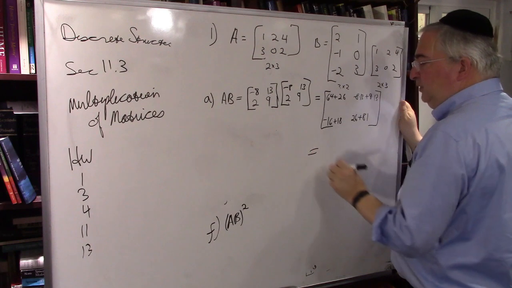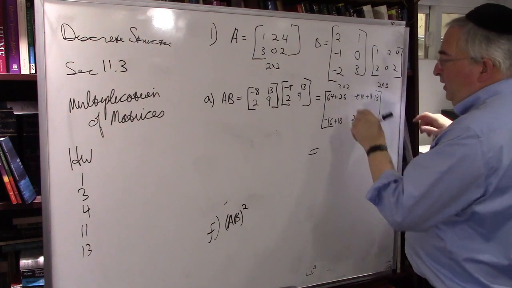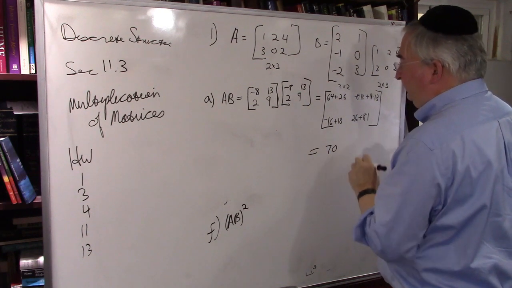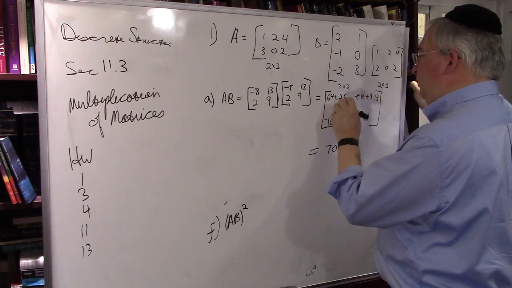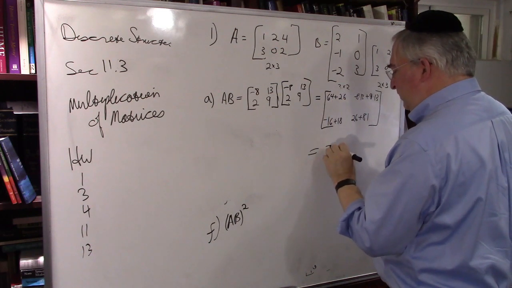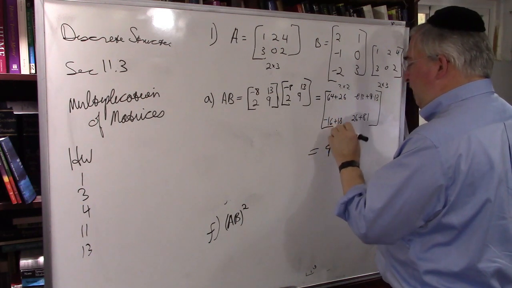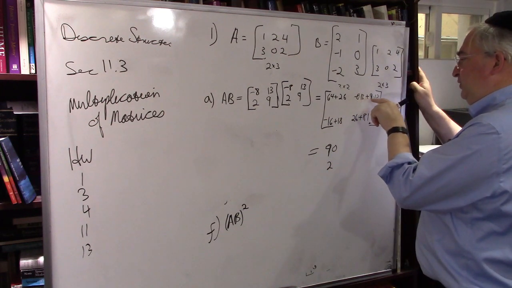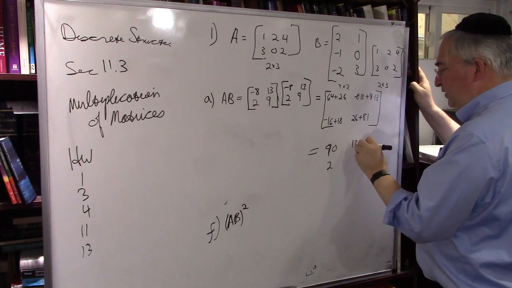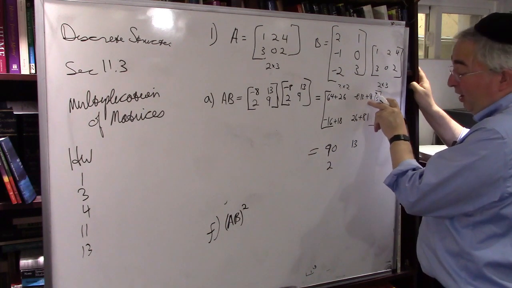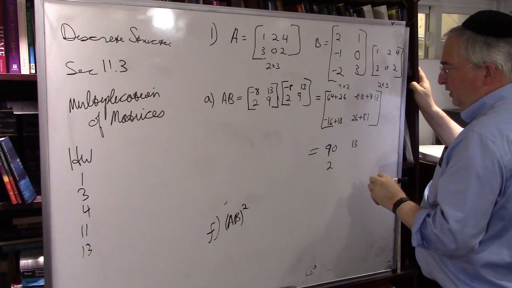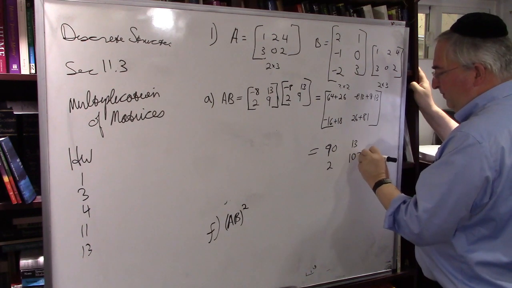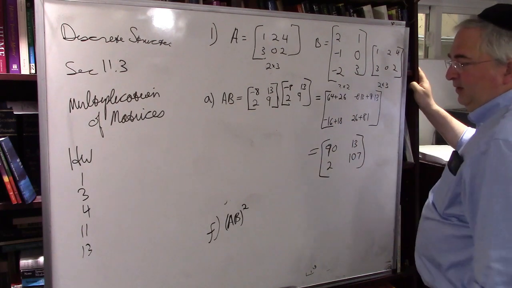Okay, this is going to be a 2. This is going to be minus 8 times 13 plus 9 times 13, so minus 8 plus 9 is 1. 1 times 13. Okay, and 26 plus 81 is 107. Okay, so that takes care of that.